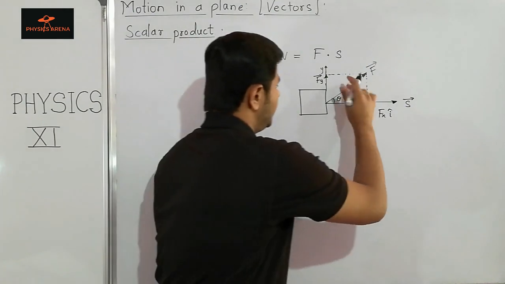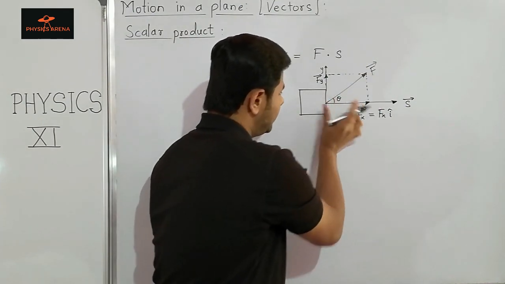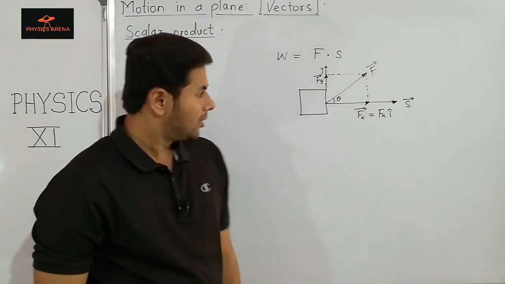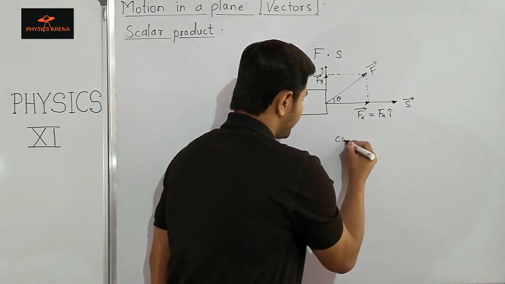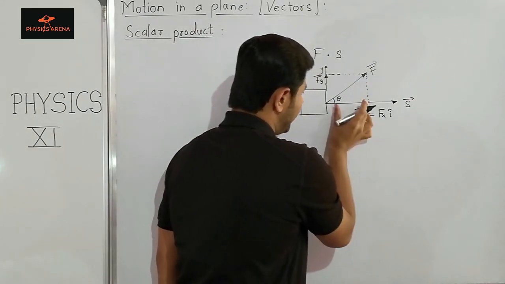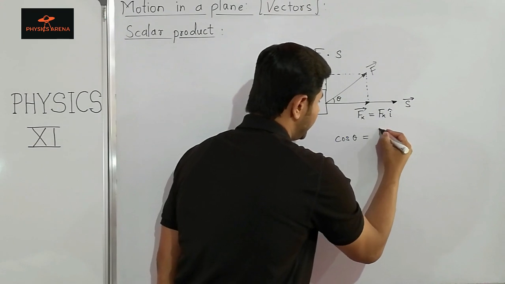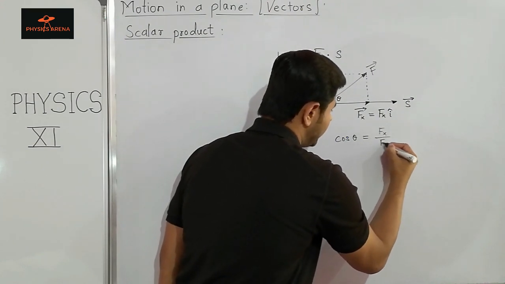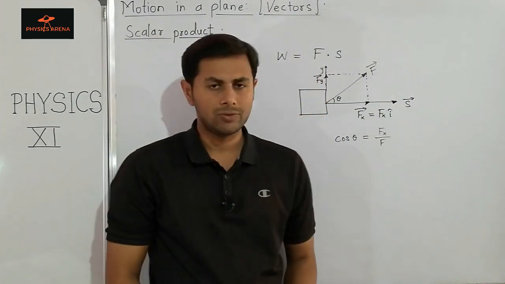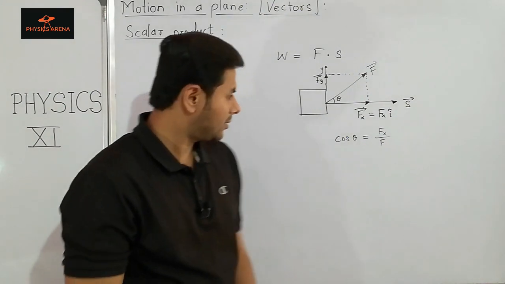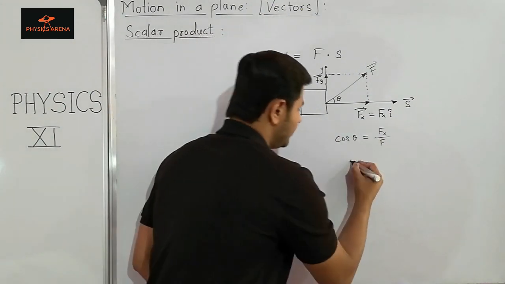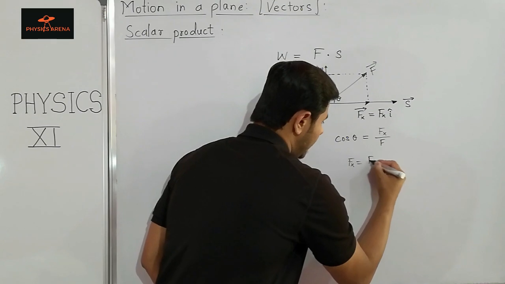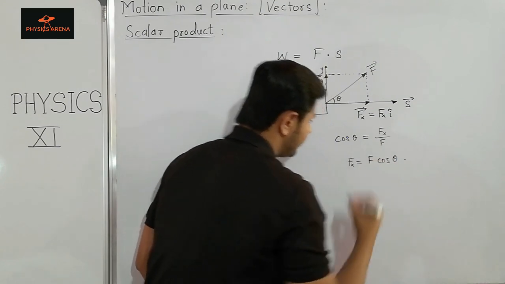Now this much length is F and this much length is Fx, so we can find cos theta, which will be equal to this side divided by this side of the triangle, so Fx divided by F. So we know how to resolve vectors, so Fx will be equal to F cos theta.